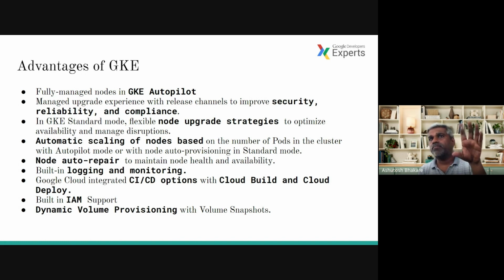So you can take a backup of a PV, and whenever you need, you can restore it, right? In case you want to understand a little more about it, I had written one article for Google Cloud on the same. You can refer to that. I have pasted the link in the chat window. So these are the advantages of GKE.